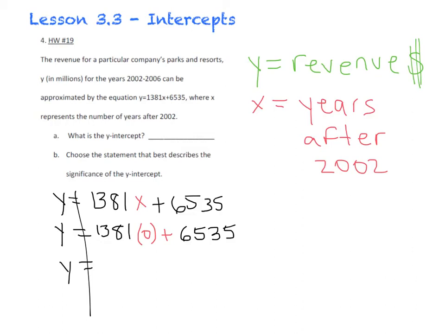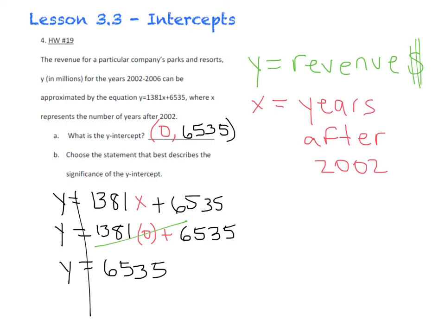But what some of you might notice is that anything times 0 is 0, so those cancel out, and we're left with 6,535. So our y-intercept that we can write right here. X was 0. There we go. Remember, we plugged in 0 for x. And then y is 6,535. We got it.